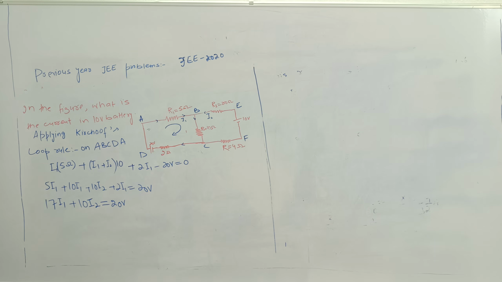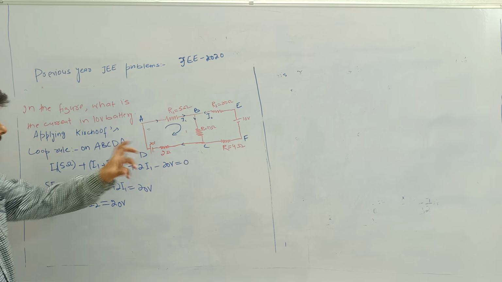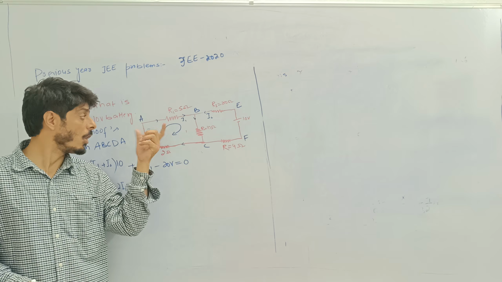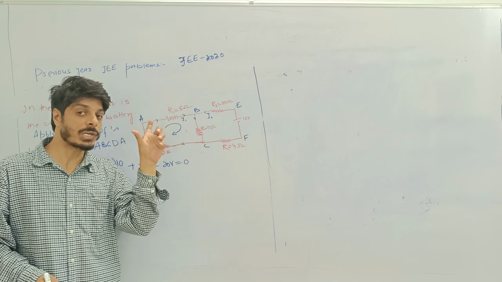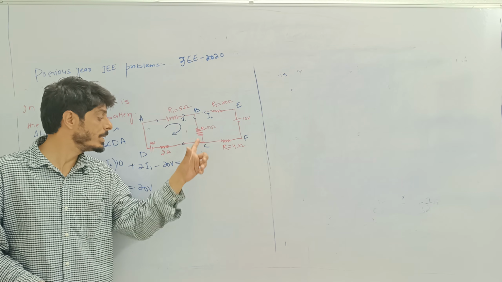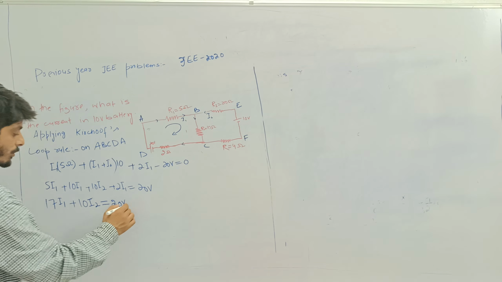This is after applying Kirchhoff's loop rule in the loop A, B, C, D, A. Now this is the first equation.